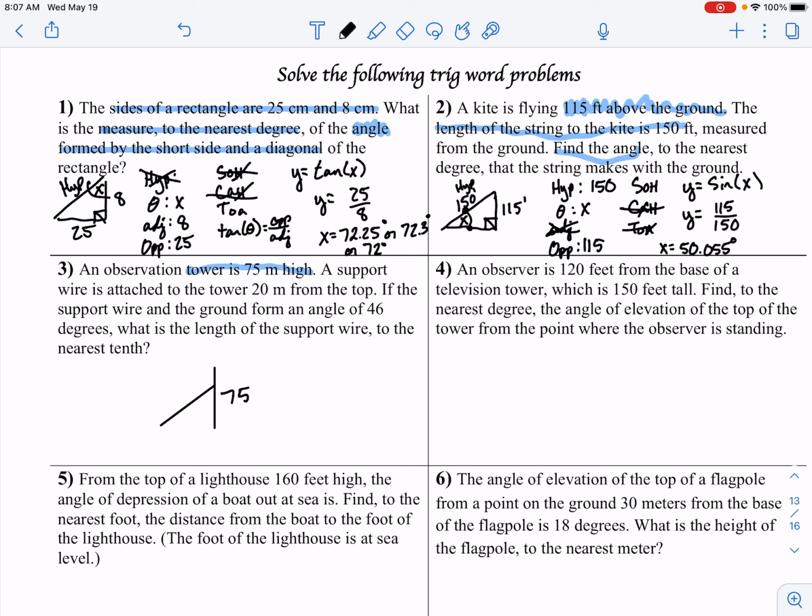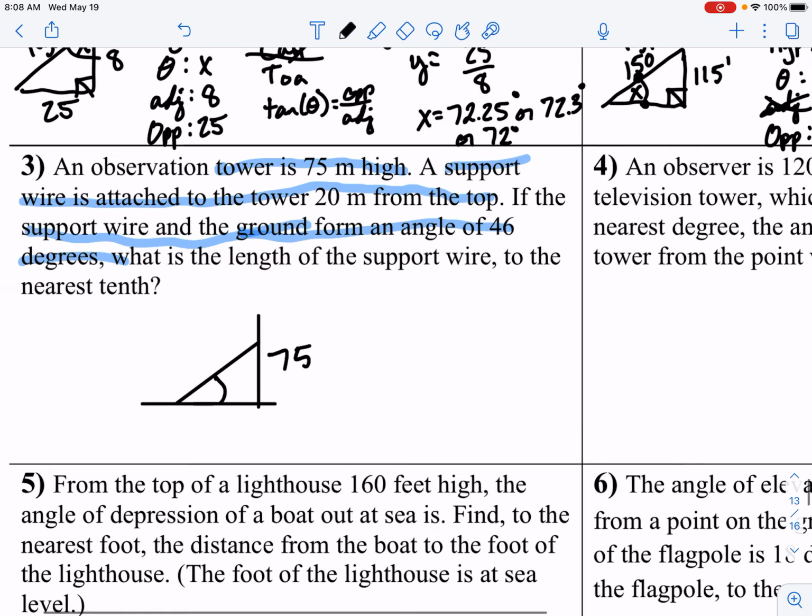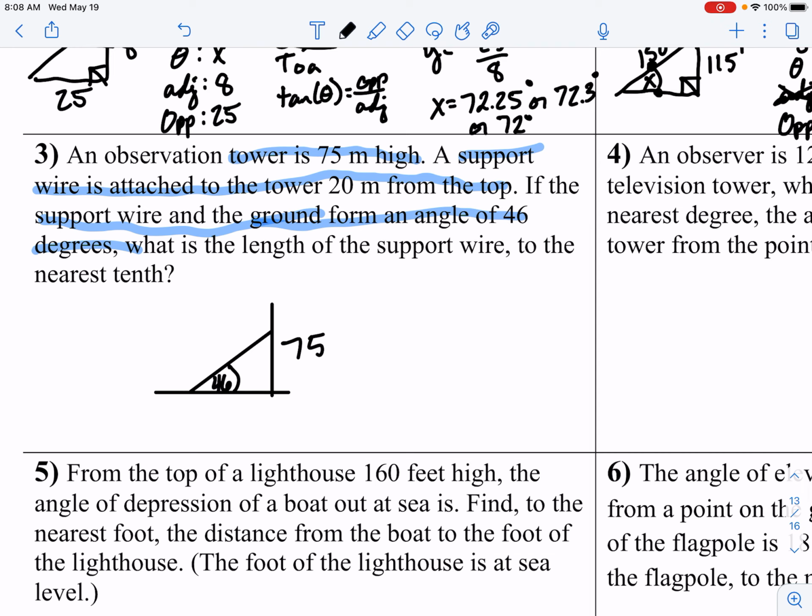If the support wire and the ground form an angle of 46 degrees. Then what is the length of the support wire to nearest tenth?